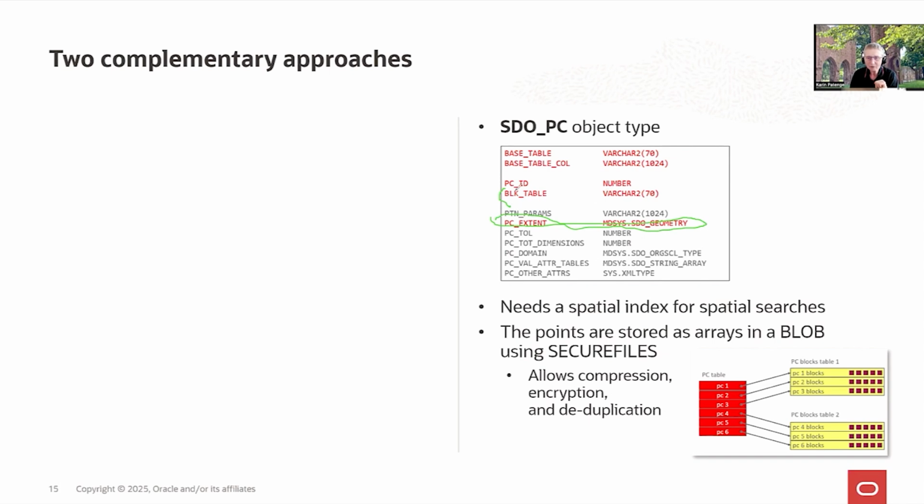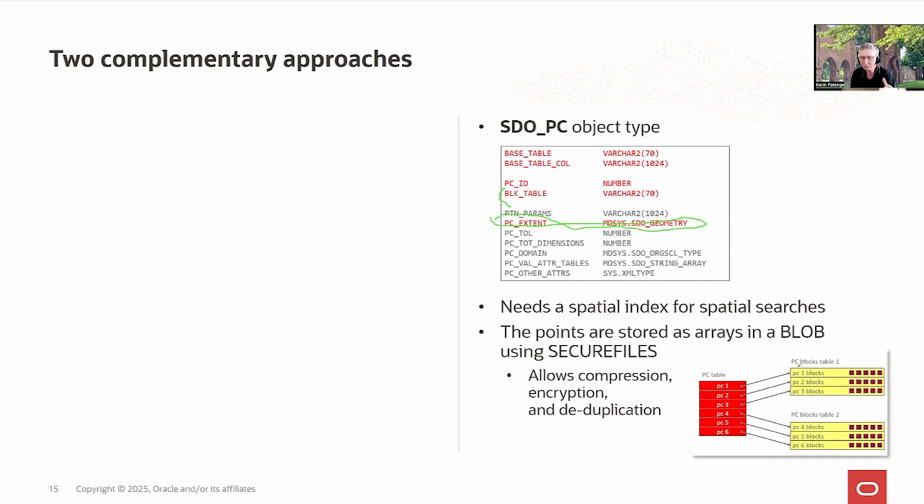And this is a table that is defined and is represented further down here. So we have here the point cloud table with the SDOPC object type, and this points to so-called point cloud block tables, or one or more block tables. And these block tables contain a blob representation of all the points that are grouped together in one block.